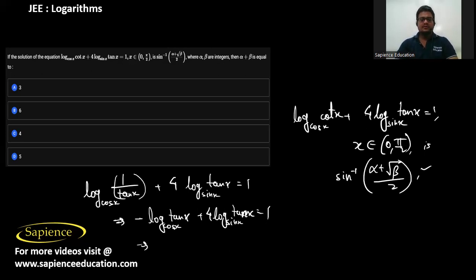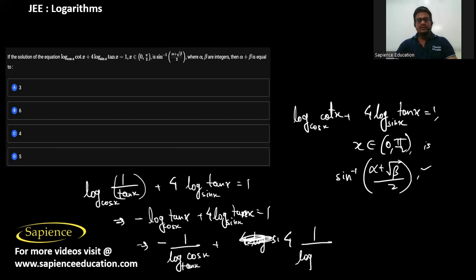So now what we can do, we can write this as minus 1 by log cos x base tan x plus 4 into 1 by log sin x base tan x, that is equal to 1.